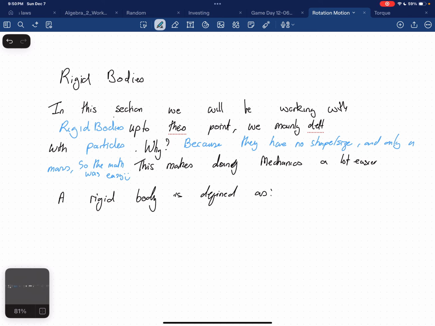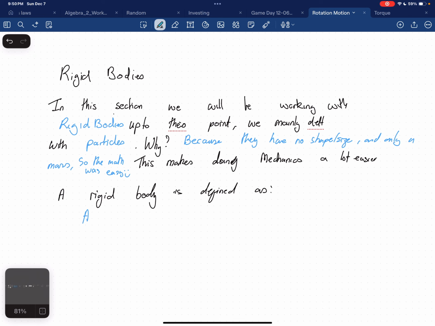So, a rigid body is defined as an object that has a shape and size that does not deform when it moves.